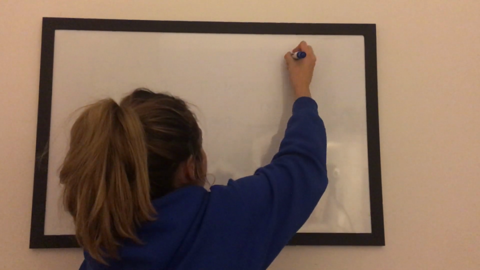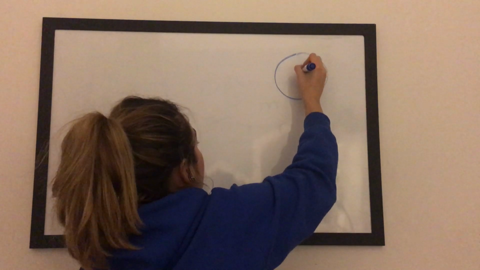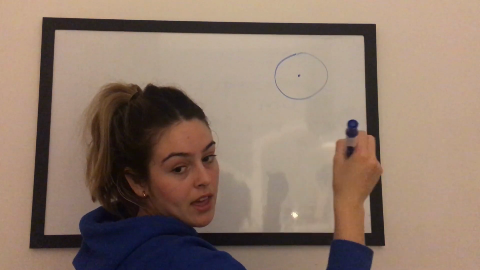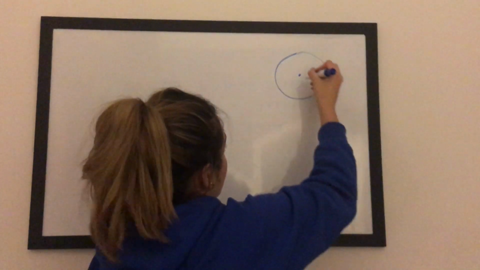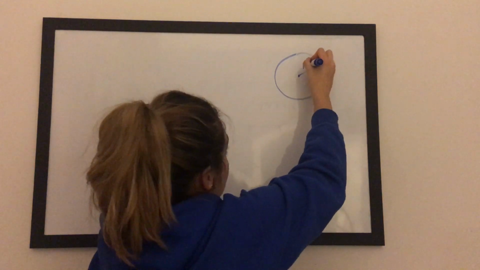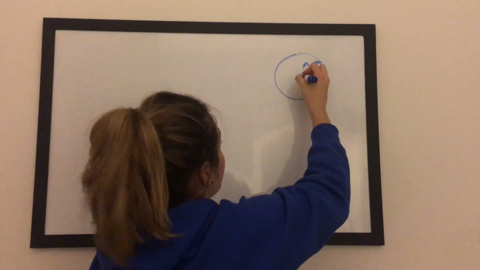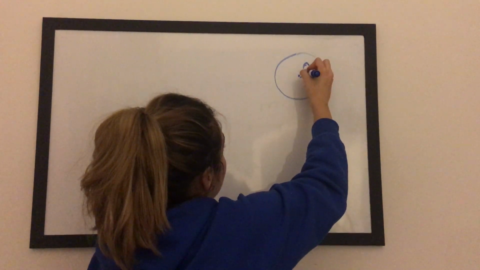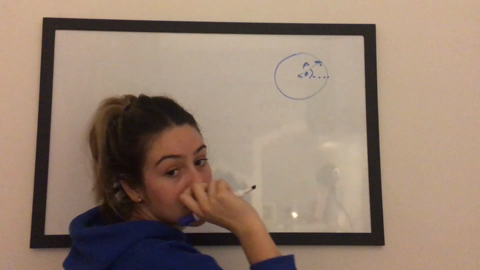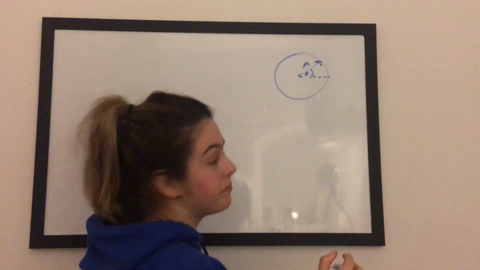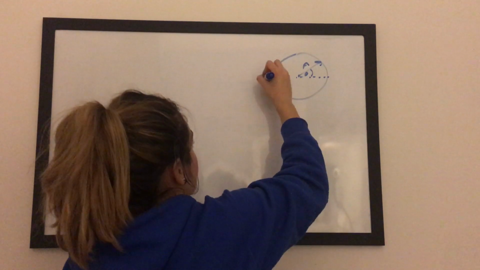So we've got a circle here, radius A. We've got theta here. Theta is that. And then I'm going to draw 4 axes.